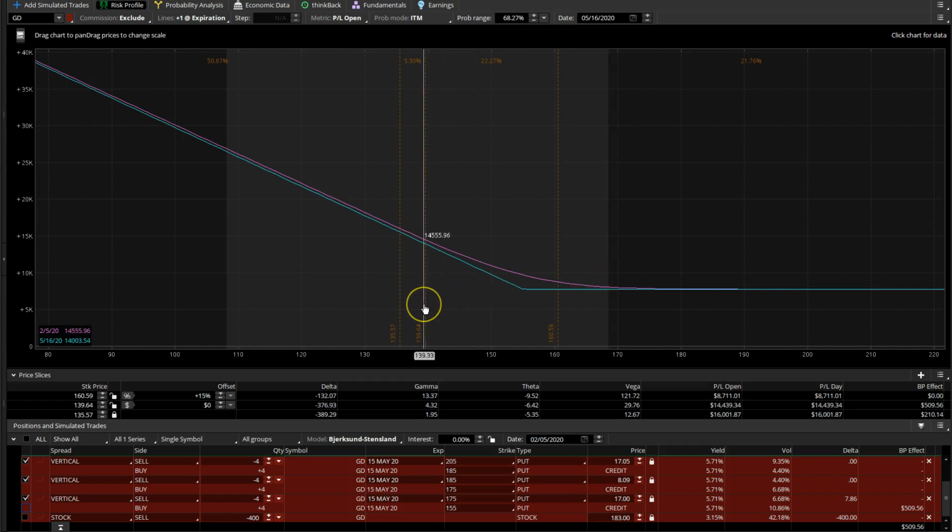So what happens if we continue to crash? This is the expected move for the time of expiration. So if we continue to go the expected move, I still will be able to make around $26,000. I still will be making around 80% of my original trade, doing a couple of adjustments.